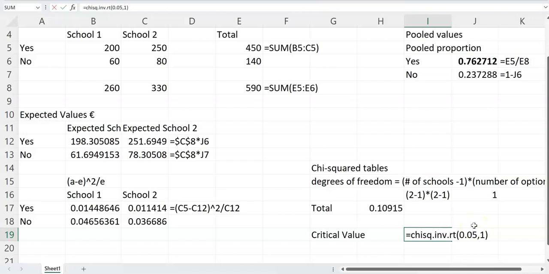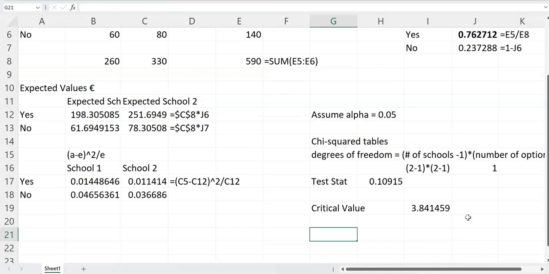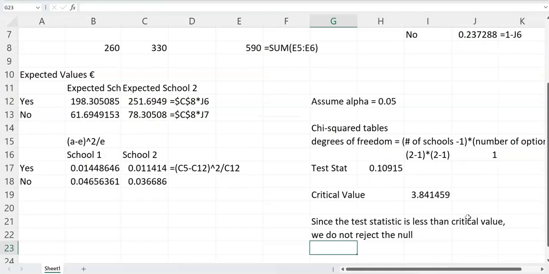So let me write this up here. Assume alpha equals 0.05. So this is my critical value, and my test statistic is 0.01, so it's less than the critical value, so we do not reject the null. And that's how we do our analysis. We can also take this test statistic and find the p-value.